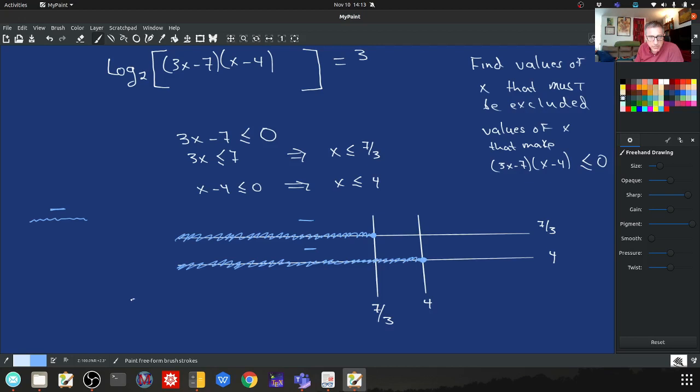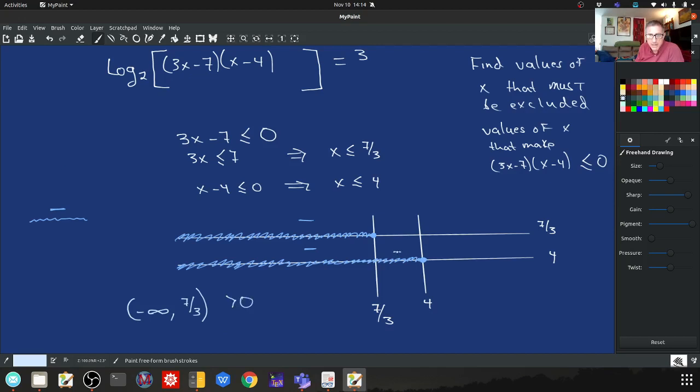So if I go all the way from minus infinity to 7/3, not including 7/3 because I don't want them to be 0, then I have these two factors, factor 1 and factor 2, that are both less than 0. Minus times minus gives a plus, so the product is greater than 0.